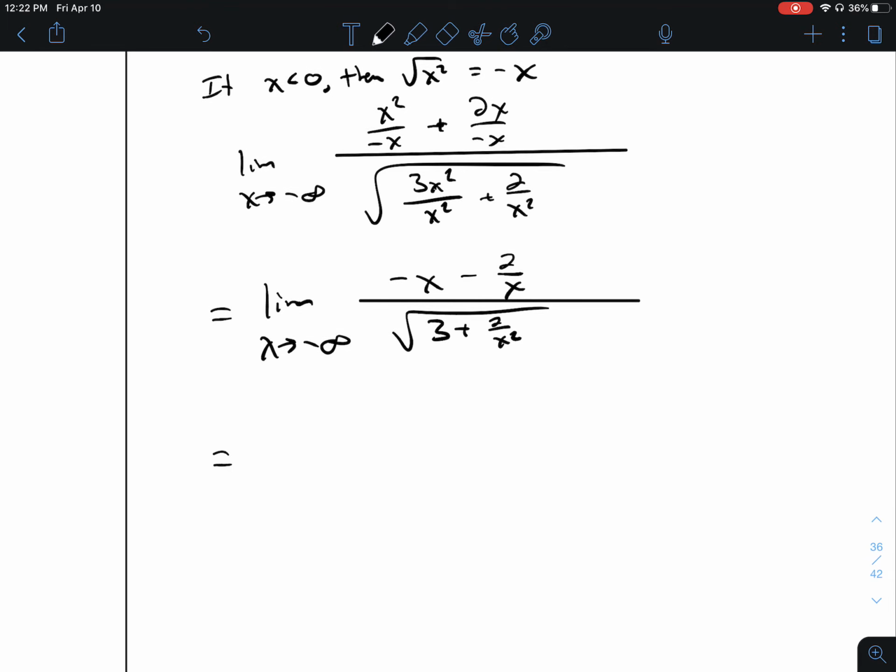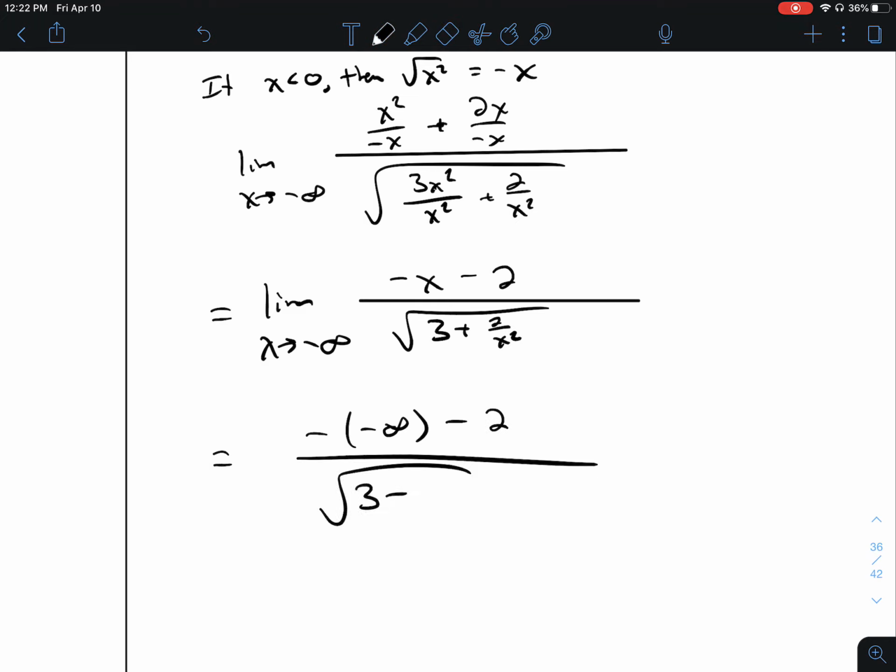To evaluate the limit, we're going to put negative infinity in for this. We're going to have a negative infinity minus 0. I'm sorry, I made a mistake here. This was 2x over negative x. It's going to make this simplify to negative 2. Apologies.